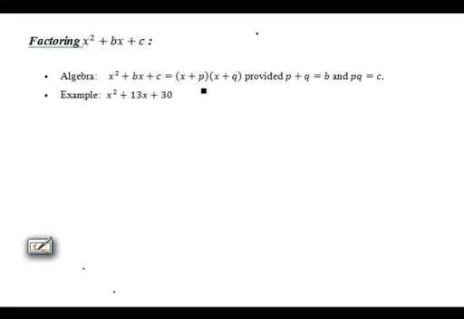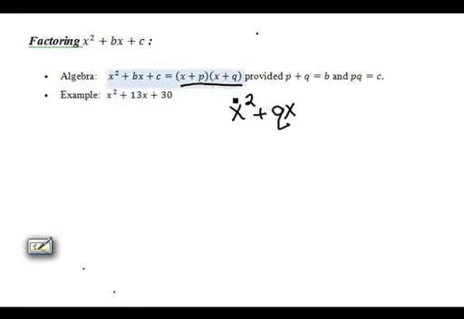Now where this comes from is just the simple fact if I multiply this out I can see it. If I take x plus P times x plus Q and multiply that out using FOIL, x times x would give me an x squared, and then I'd get plus x times Q, which is QX.